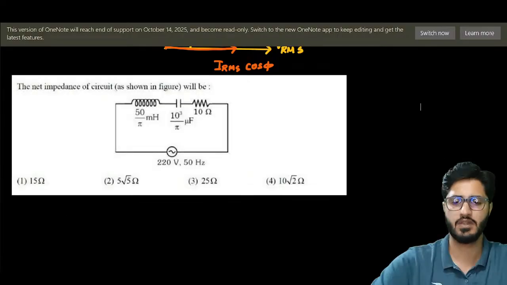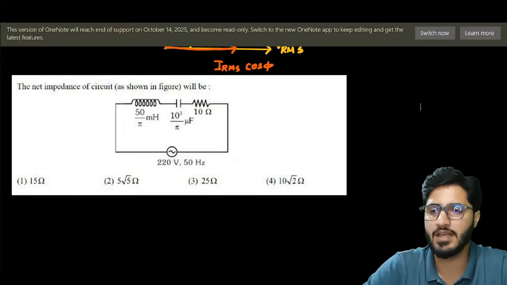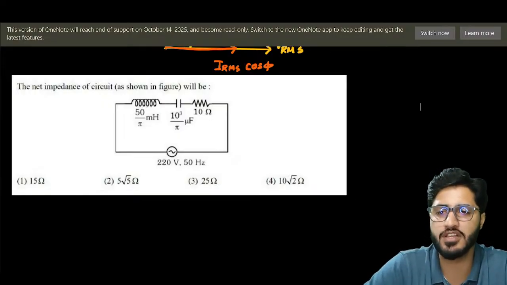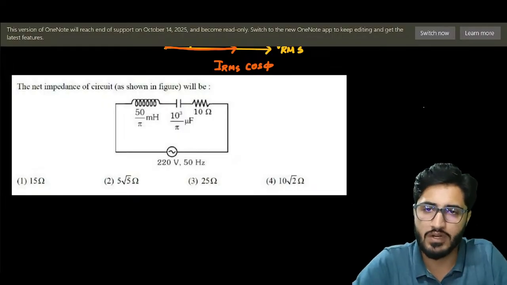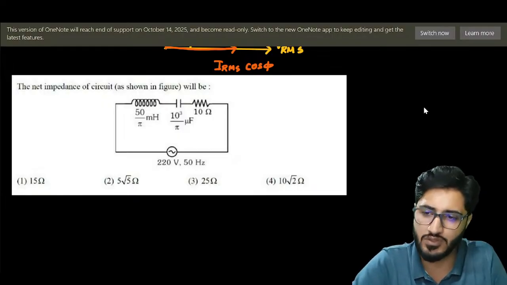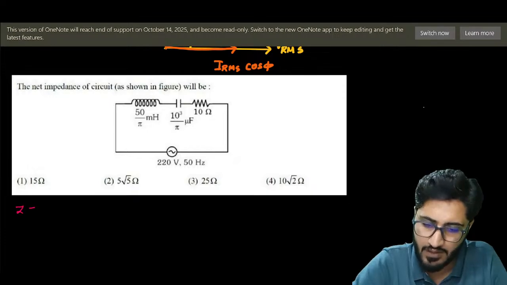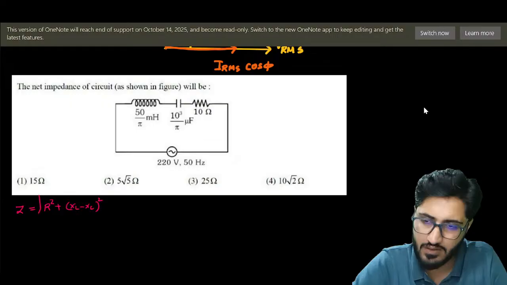This numerical states that we have to find the net impedance of the circuit. So what is the formula for net impedance? I guess you know it now. So Z equals root of R square plus (XL minus XC) whole square.